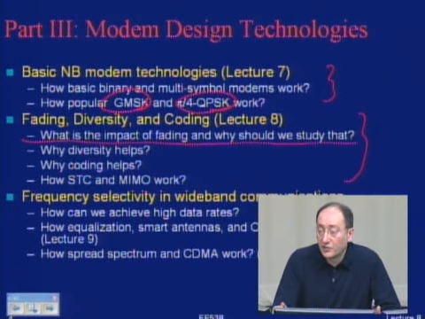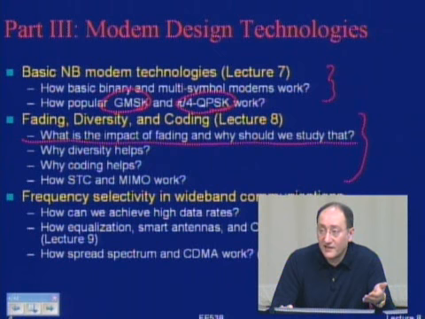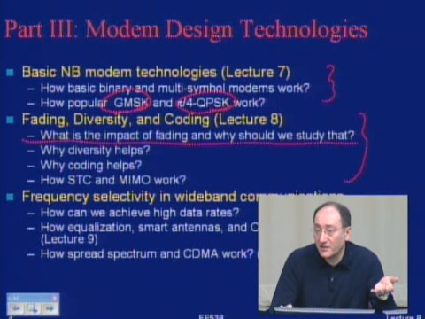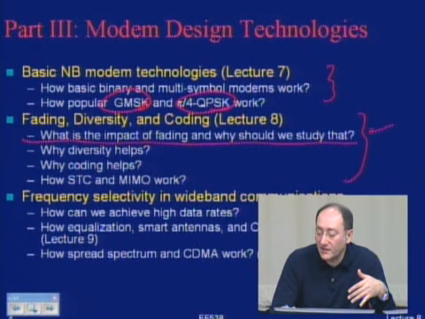But in fading channels, in real radio channels, signal-to-noise ratio is not fixed. It's changing. So how do I want to handle that? I have to change my performance criteria, and I have to change my equations for calculation of error rate. So that's the first part.